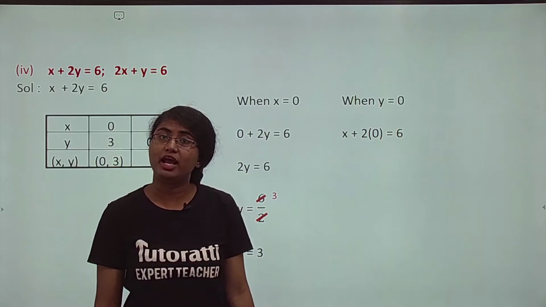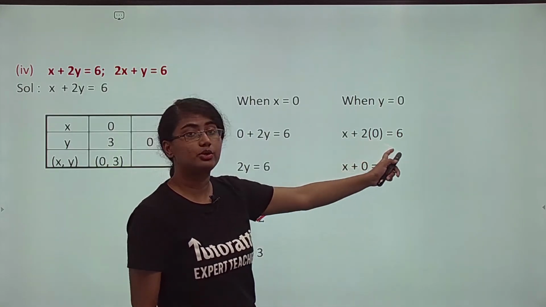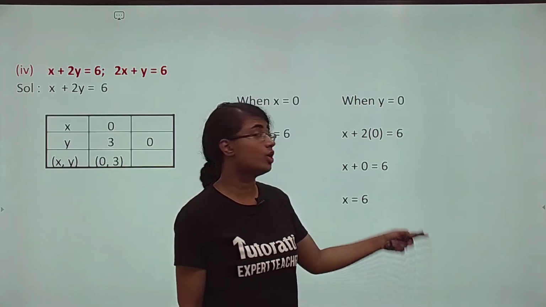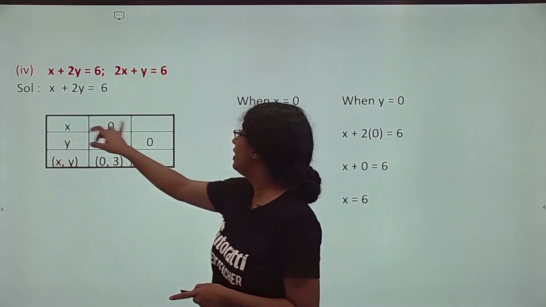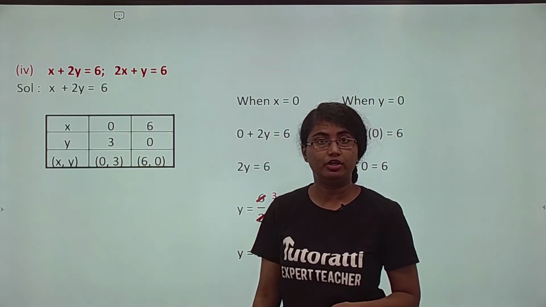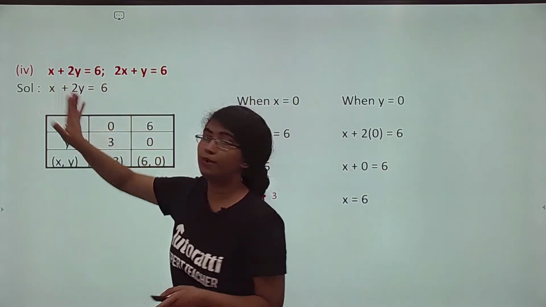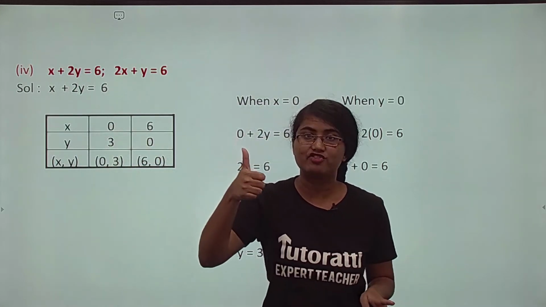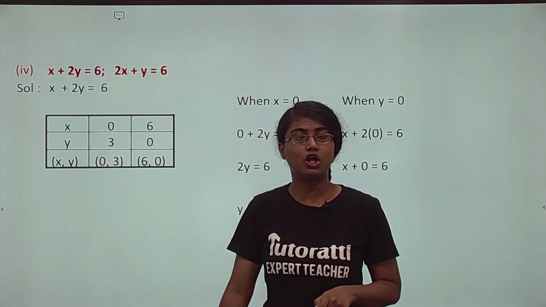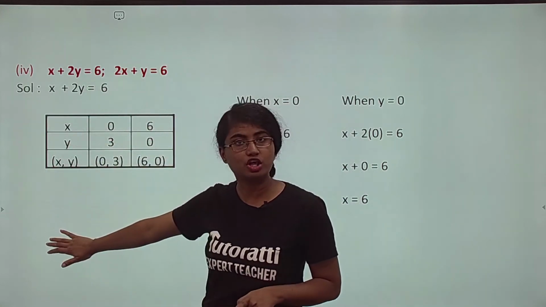Do you know the value of x? No. 2 times 0 is 0, so x is equal to 6. Where will this value go? Here. The value will come here, and that's the point. Now the first equation is done. But do we have just one equation? No. We have one more equation that needs to be solved. We will solve it with a similar method.